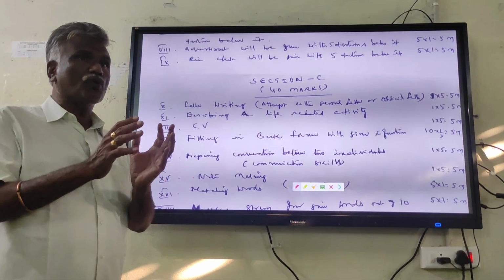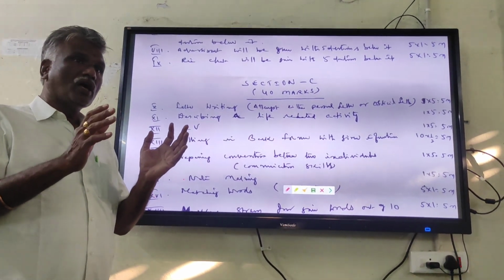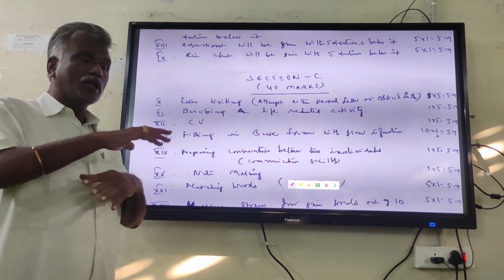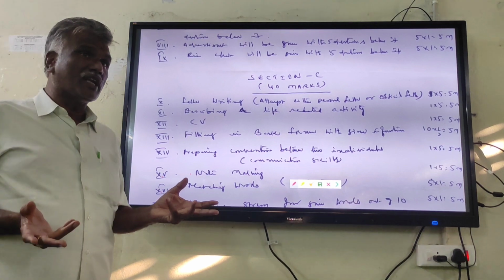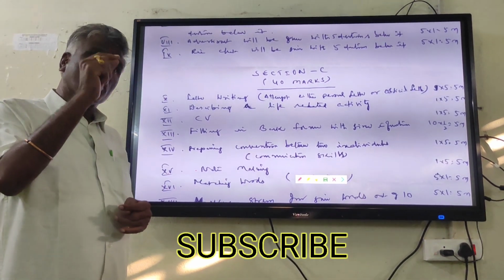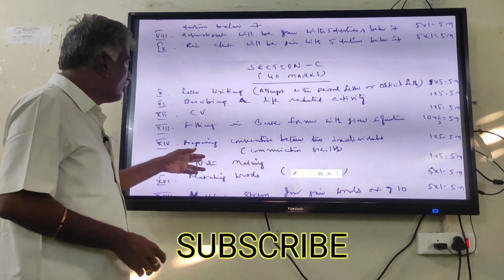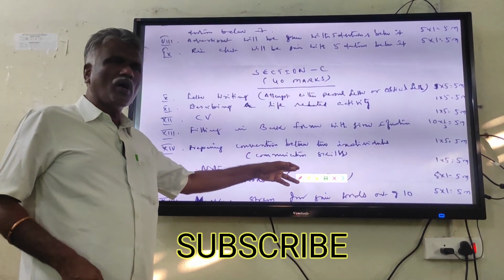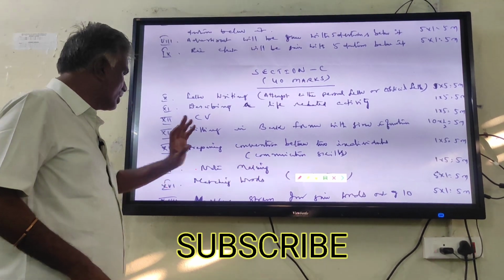One particular issue or problem is there, around which the entire passage is running, understand. That particular word, that particular issue will become the title of this note making, understand. So you may get 5 marks out of 5 marks for this particular question.